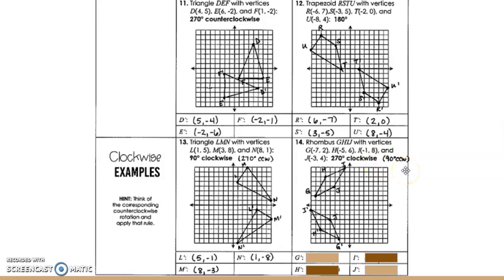If we do a 90-degree counterclockwise rotation, our rule is to do negative y comma x. So I'm switching 2 and negative 7, and then I'm making that 2 negative. For negative 5 and 6, I'm switching it to 6 comma negative 5, and I'm making the 6 negative. And then I and J are going to work the same way.